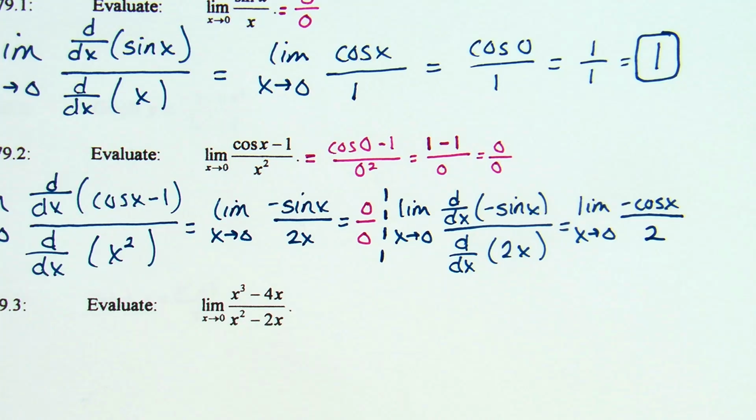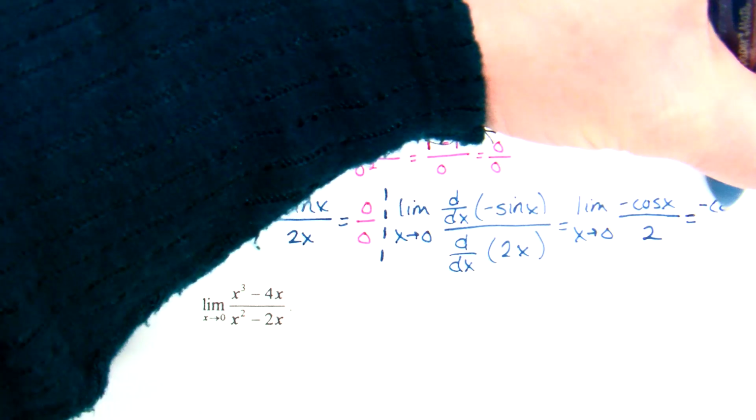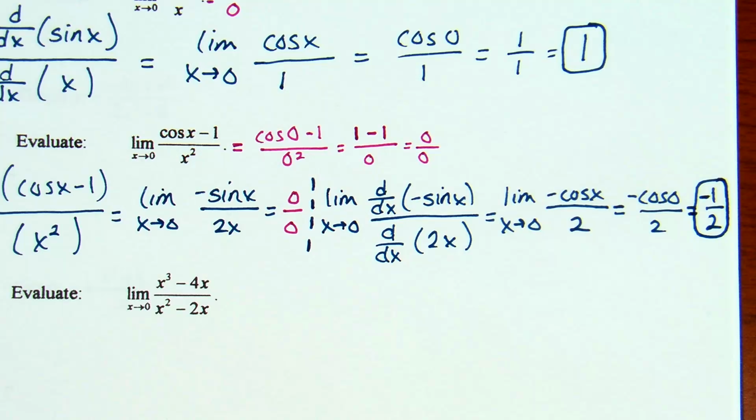Derivative of 2x is 2. Well, I definitely know I'm not getting 0 over 0 here. What is negative cosine of 0? Negative 1 over 2. So final answer of, off the screen you can't see it, negative 1/2.